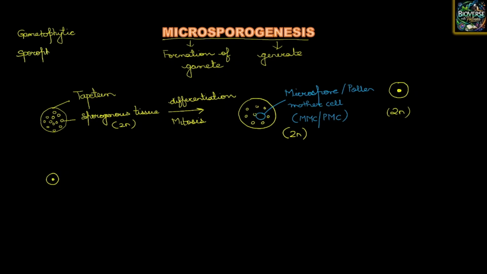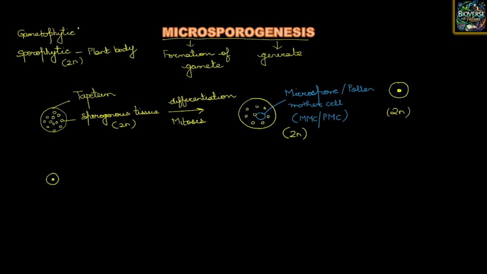In the chapter Plant Kingdom, we studied that sporophytic is the diploid body, and in the case of angiosperms, it forms the body of the plant. So sporophytic is the plant body, and gametophytic refers to the body that is going to form the gametes. Gamete refers to the pollen grains in the case of the androecium.